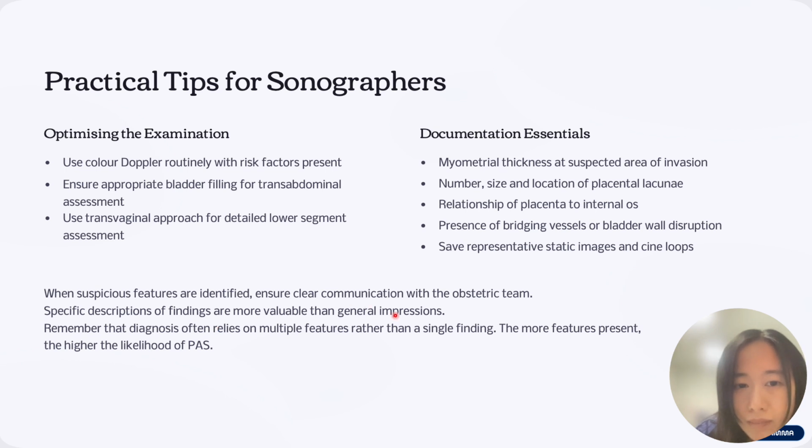Rather than saying suspicious of PAS, it would be better to describe specific findings: I'm seeing placental lacunae, which are non-compressible with high velocity flow, and I'm also seeing the myometrium is thin and the bladder serosa interface is disrupted. All the findings need to be documented, and the diagnosis is based on multiple features rather than a single finding. The more features, the higher the likelihood of PAS.